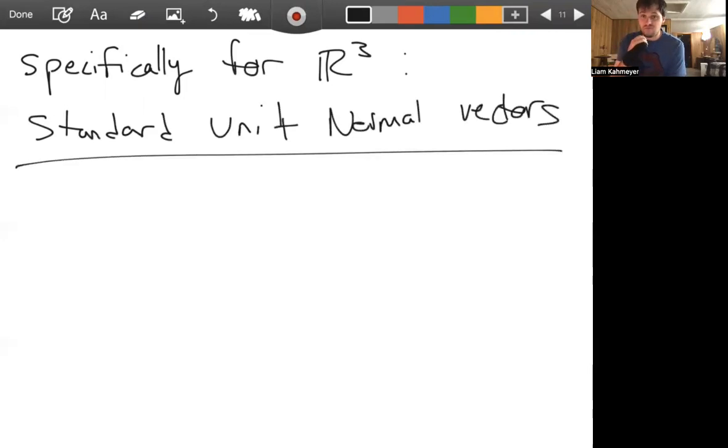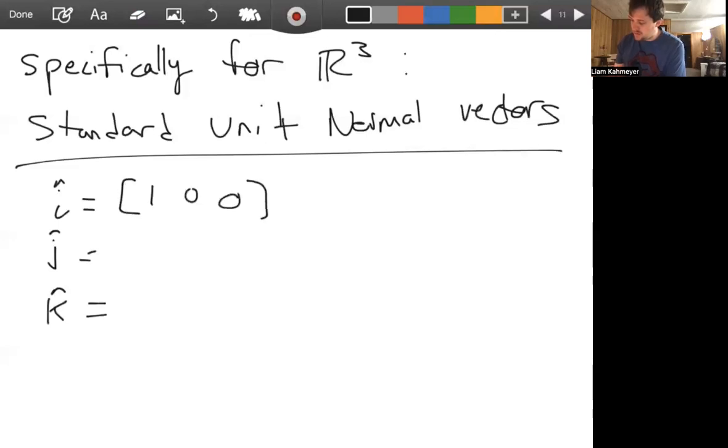Usually I'll just refer to these as standard normal vectors or standard unit vectors, so it's not the full name every single time. In 3-dimensional space, they're denoted by I hat, J hat, and K hat. And these are the vectors 1, 0, 0, 0, 1, 0, and 0, 0, 1.